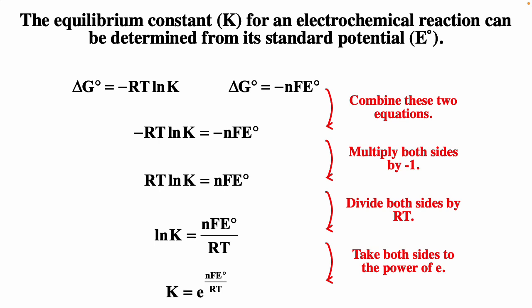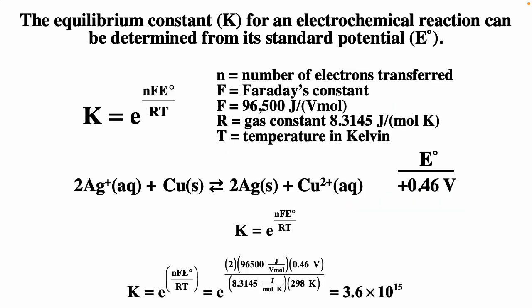And so it's kind of cool. We can actually calculate the equilibrium constant directly from the potential. And so again, if we look at the reaction we were talking about, we have a potential of 0.46. And so we saw that there were 2 electrons being transferred times Faraday's constant, 96,500 joules per volt mole, times the potential of 0.46, divided by the gas constant, 8.3145 joules per mole Kelvin. So the joules cancel.